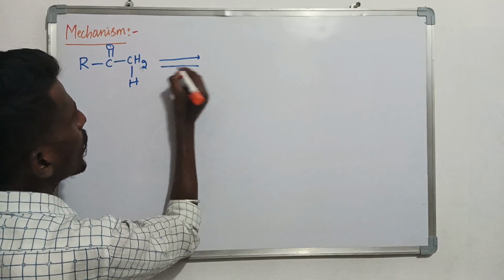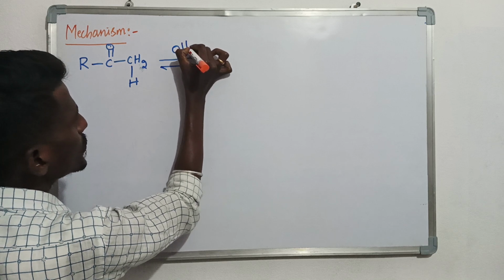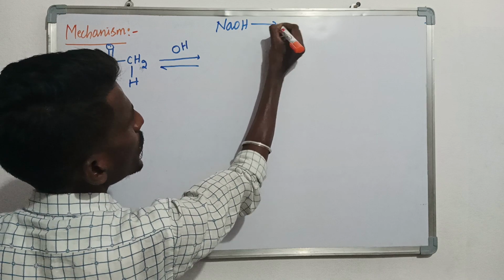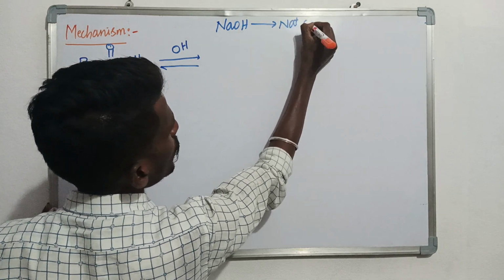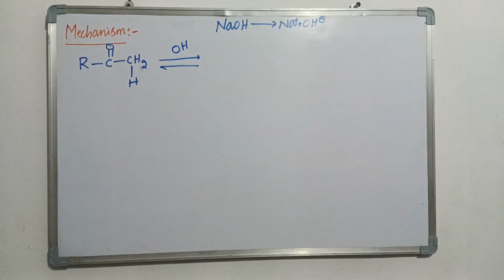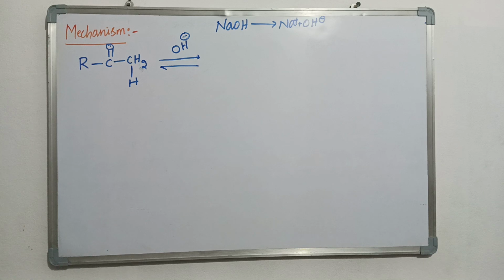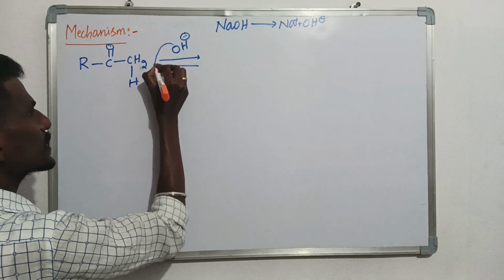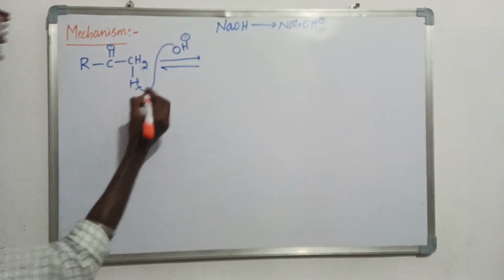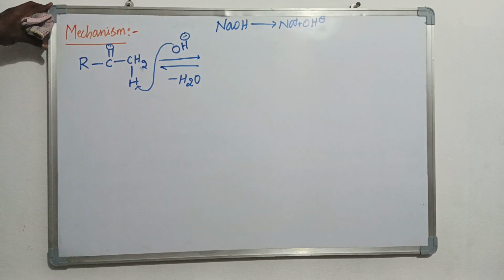There will be sodium hydroxide, an alkali. This NaOH dissociates into Na plus and OH minus. The OH minus will capture this proton and eliminate it as a water molecule.